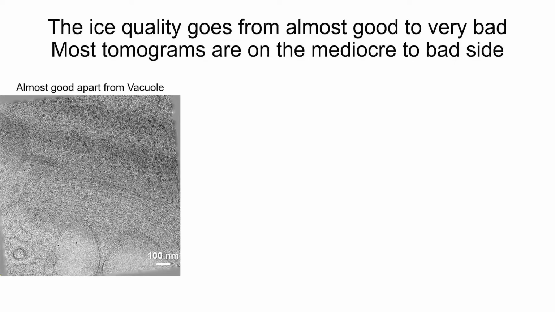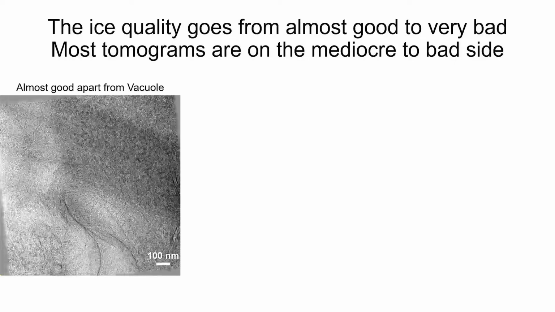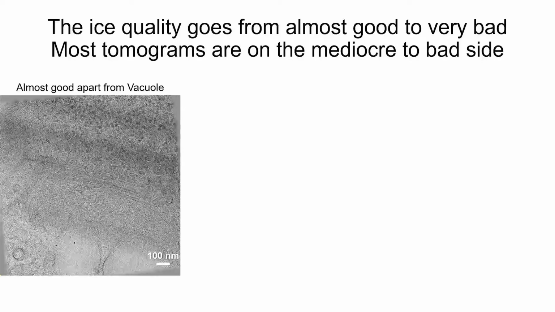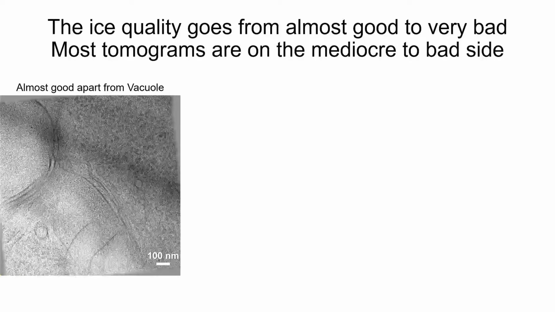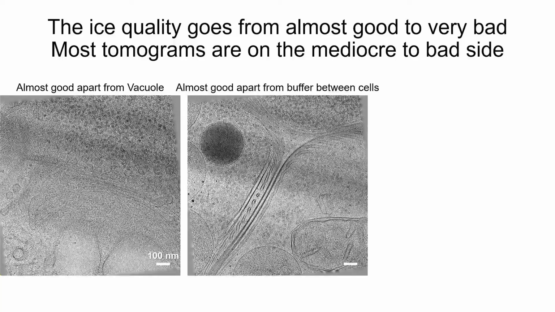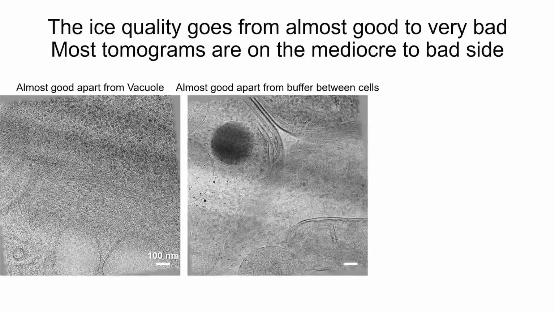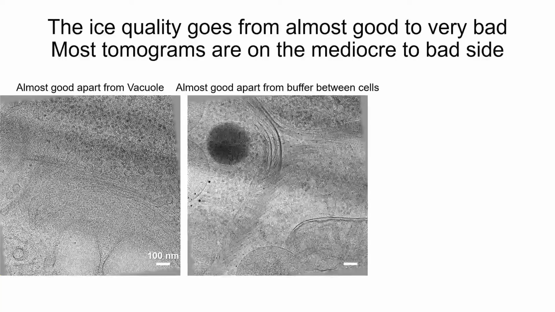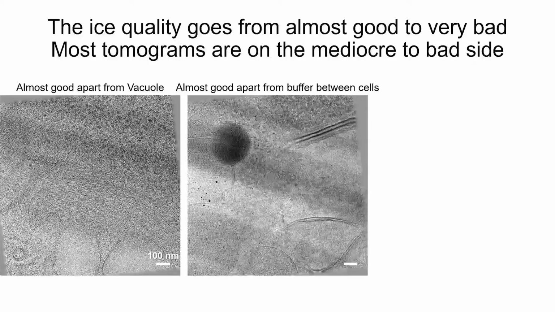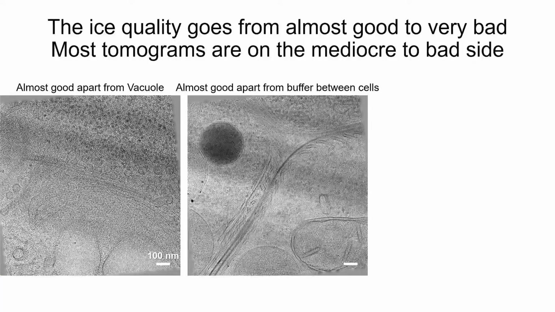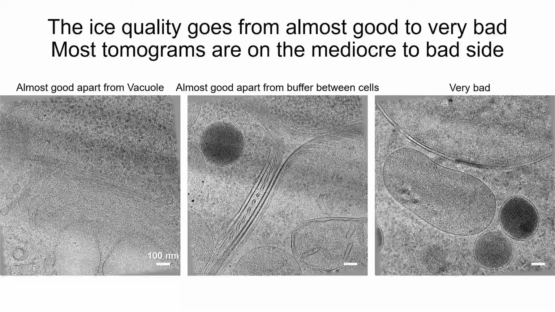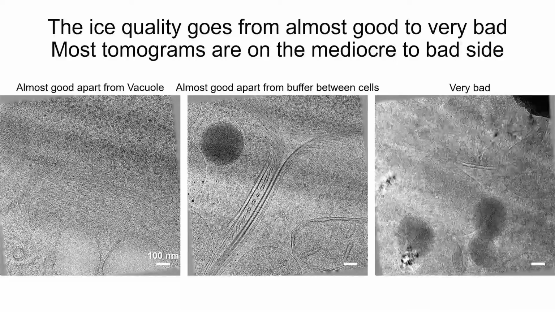And in this first attempt, we have tomograms with a good quality of vitrification. Some of them not so good. You can see that there is bad vitrification in the buffer between the cells, and some of those are very bad with the vitrification.